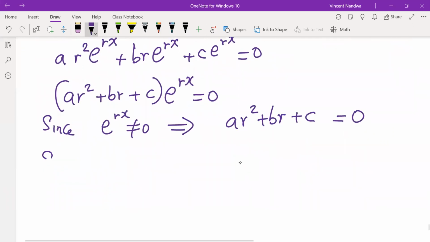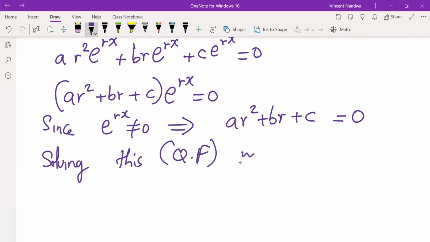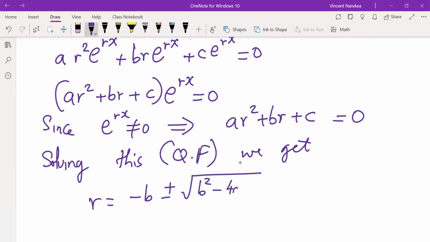Now, solving this by the quadratic formula, we get r equals minus b plus or minus the square root of b squared minus 4ac, divided by 2a.